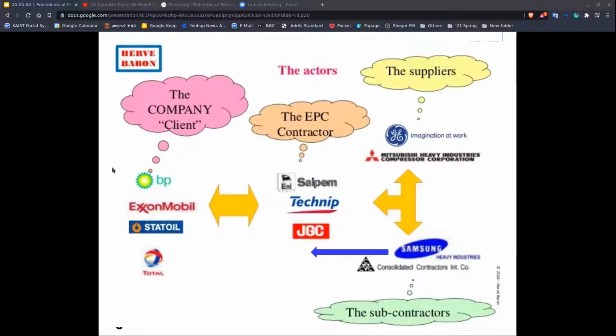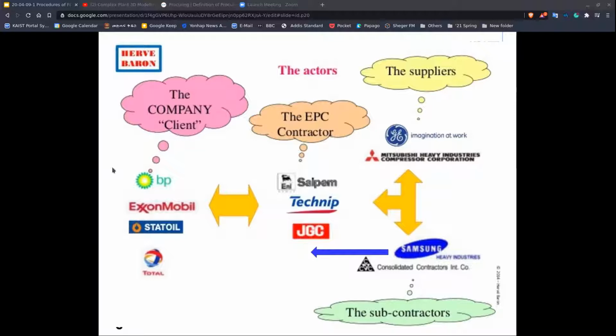There are two other kinds of companies that work with the contractor: suppliers, that I think handle procurement, and subcontractors. The EPC contractors might hire subcontractors to do some tasks.